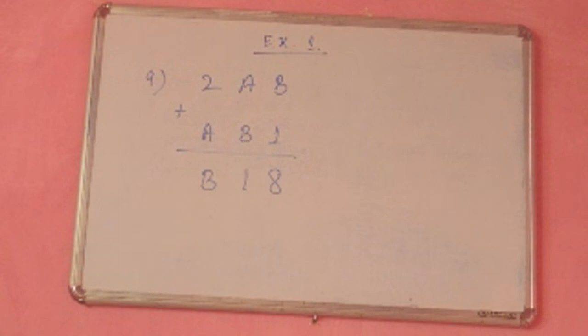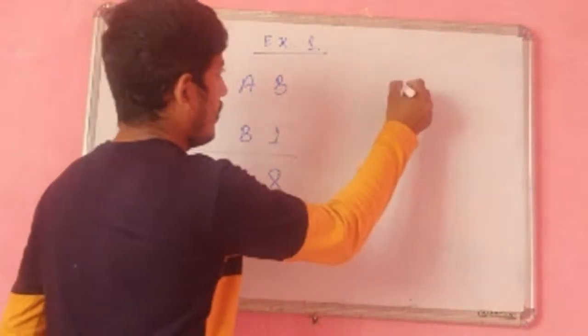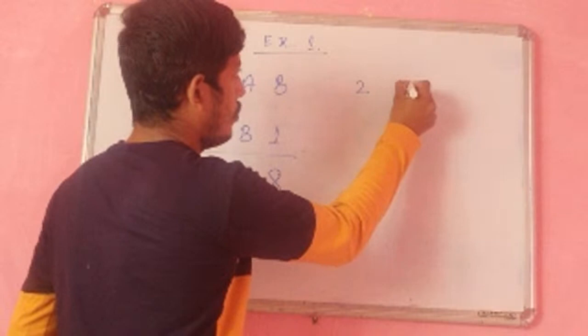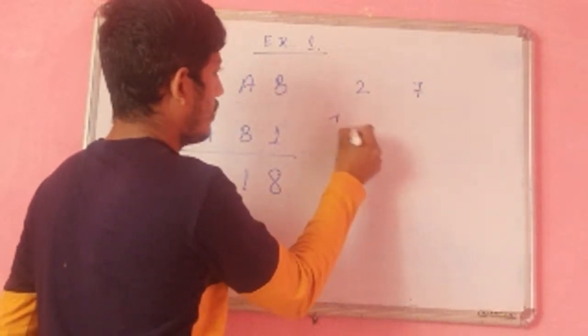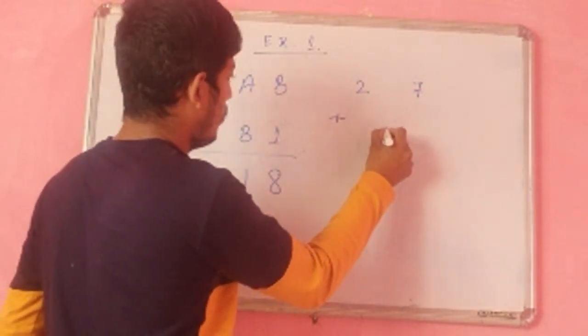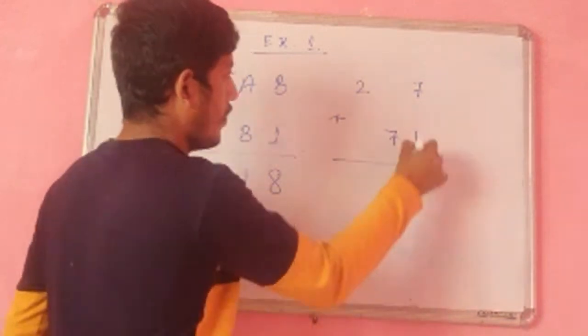Comment the answer first. So that is for 1 we have to add 7. I'll write 2 here, 7 plus B value 7, 1. 7 plus 1 is 8.